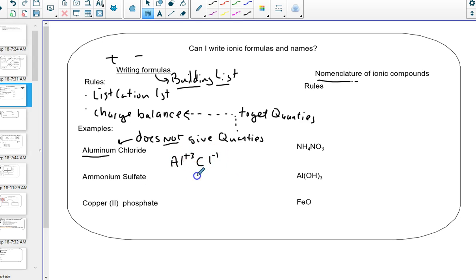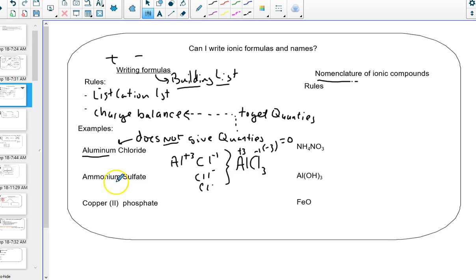And the answer is, I need 3 of them. So my new formula is AlCl3. Did it work? Well, I have a positive 3 charge, and I have a negative 1 times 3, which is a negative 3. A negative 3 and a positive 3 equals 0, which is the charge on this substance.